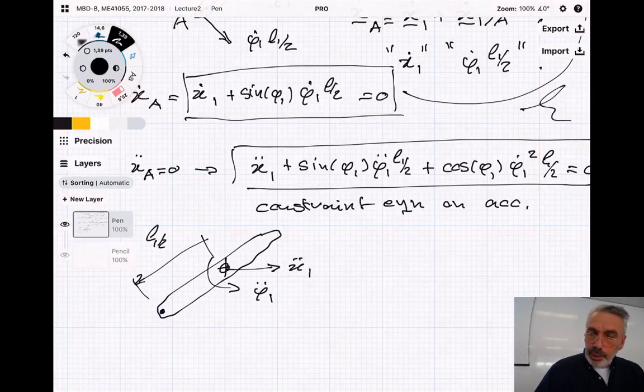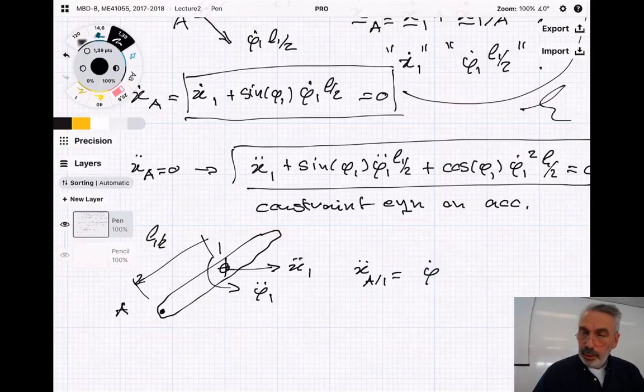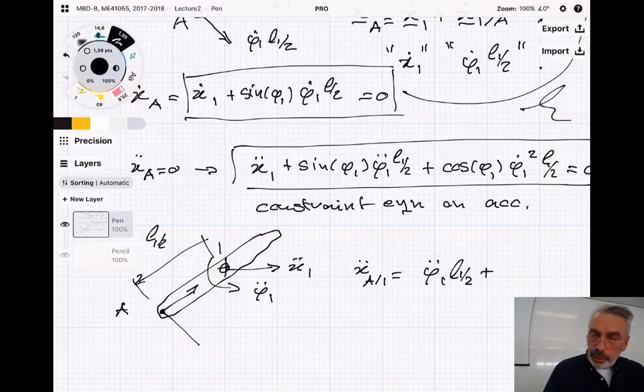Now, what is the acceleration of A with respect to 1? It is of course something with, again, this phi double dot 1 times L1 over 2. But we also have another term. So if we draw it in the diagram, it looks like this. So these arrows are all x double dot A with respect to 1.